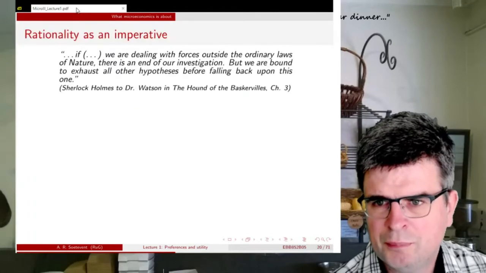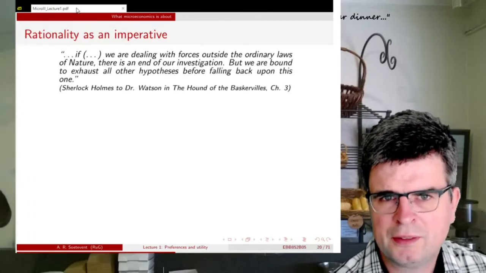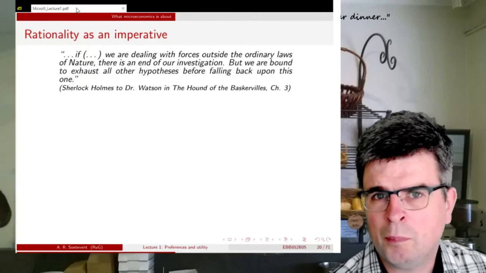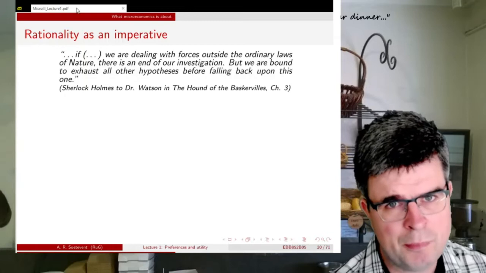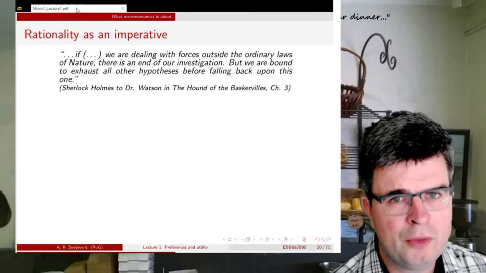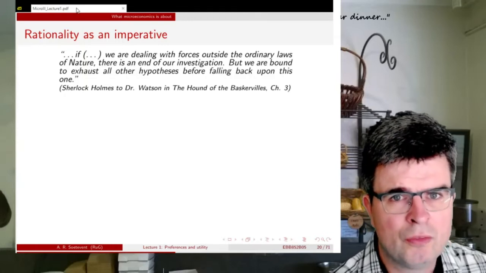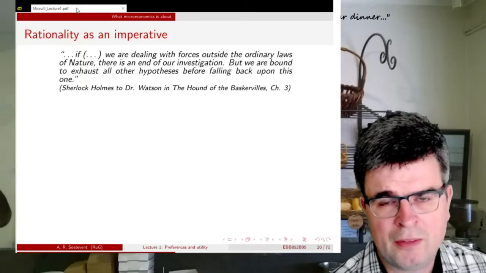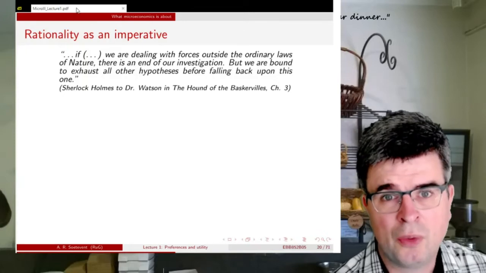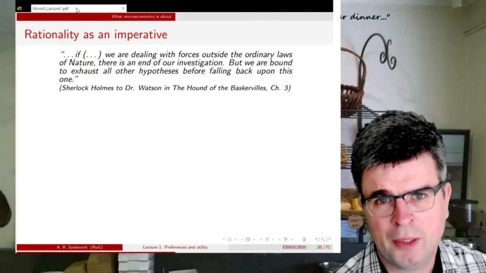So the approach here is that we observe people making certain trade-offs in real life. We observe them doing something, and we try to explain this behavior, first of all, by rationality, assuming that there's a rational explanation for what they do.